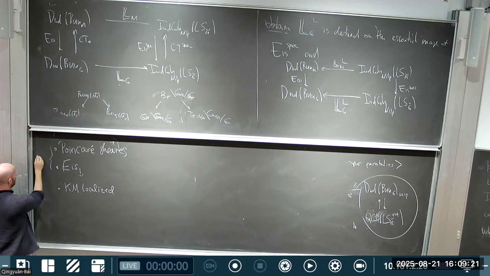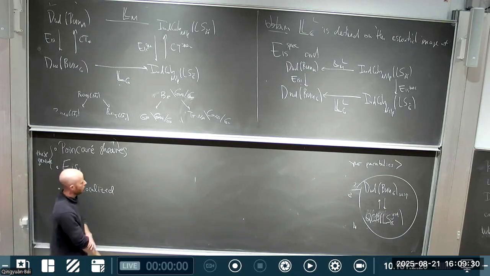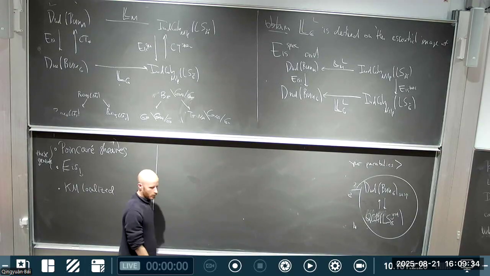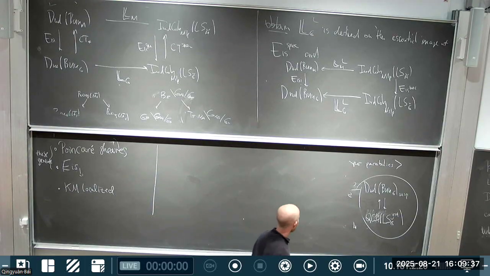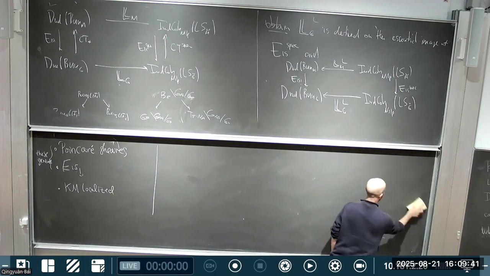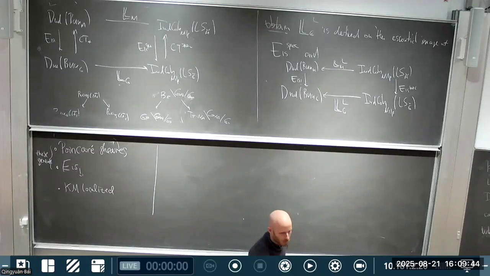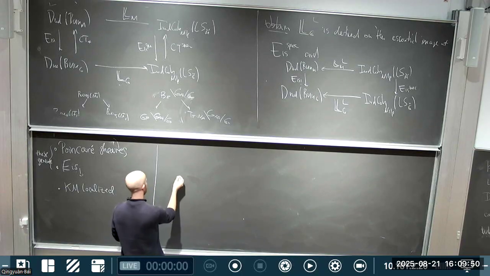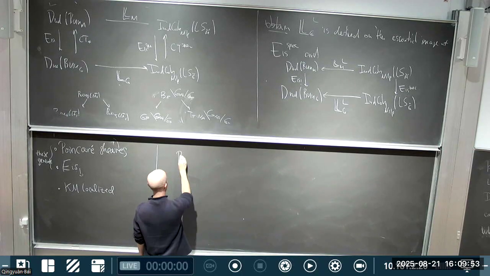A theorem that Joachim will talk about tomorrow is that these two generate, so you get everything just from these two constructions. But the Poincare sheaf is just this one object, and you translate it by acting on it.